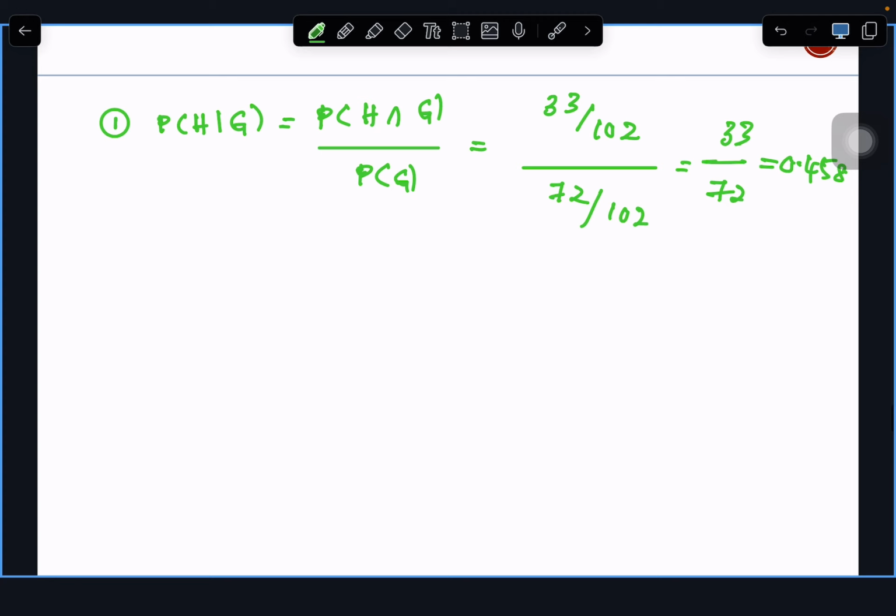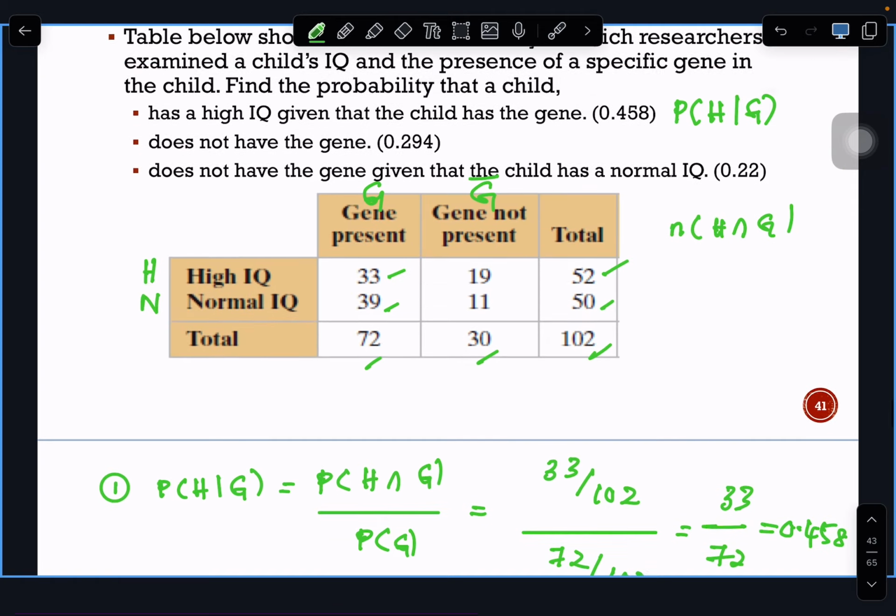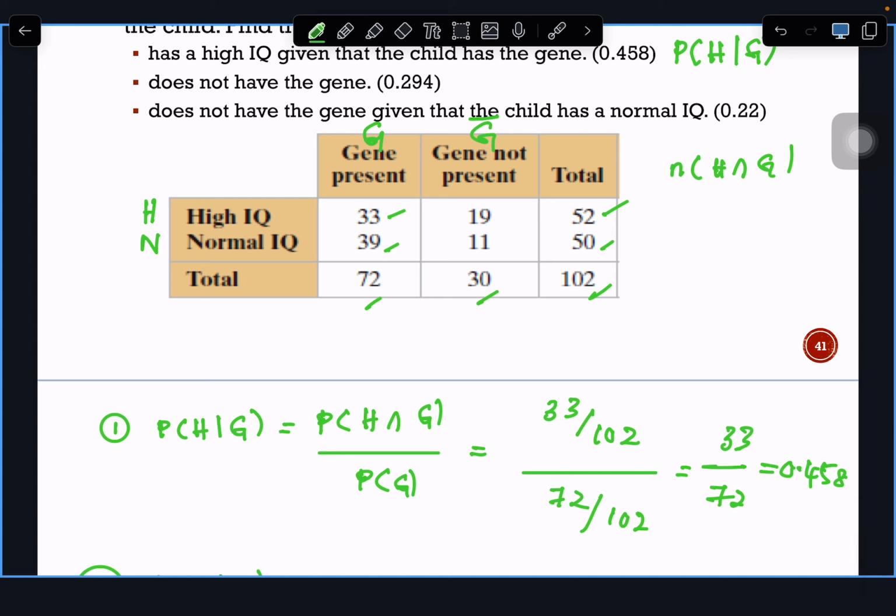Second one, now I want to explain what is given there. Let's say we have P(H given G). What is given here? Given G, correct? So from the table, I cannot cover that.